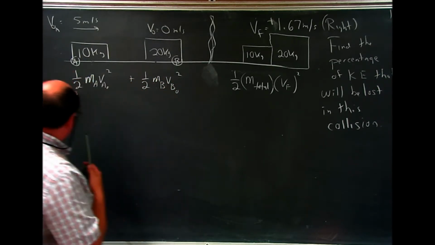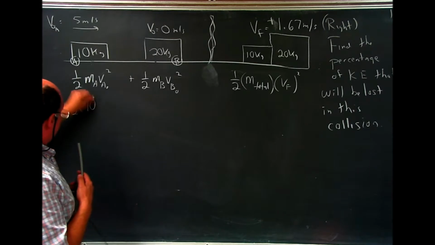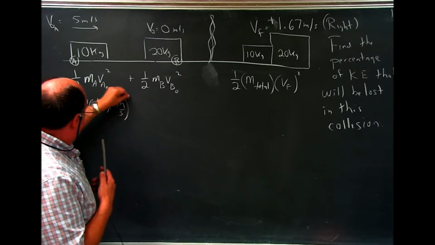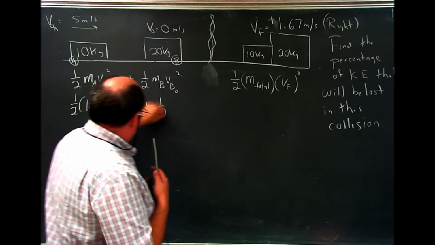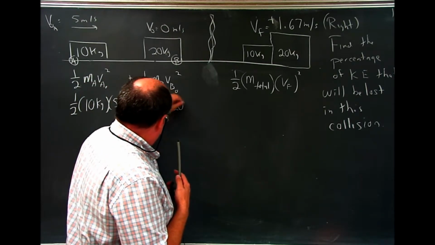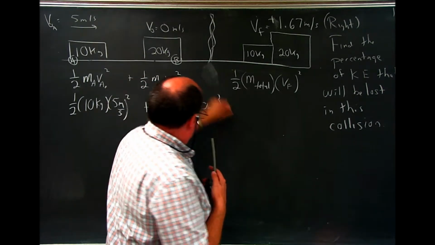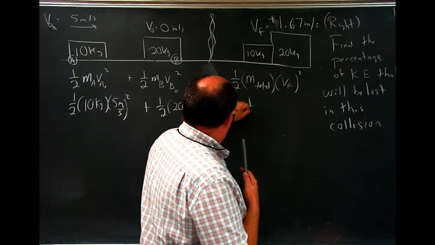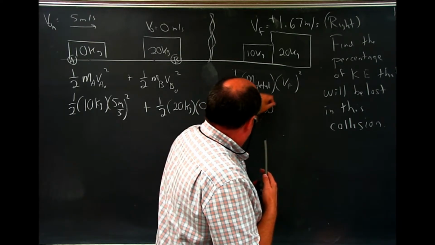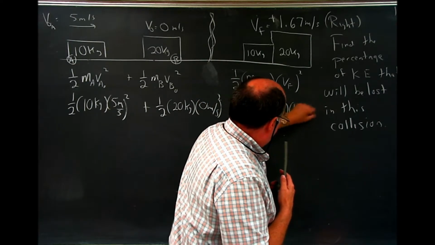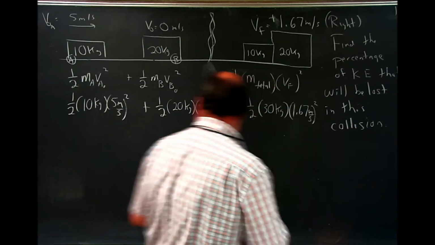So if I plug this in, it's 1/2, this is the mass 10, and this is the speed 5, and that's squared. And this is 1/2, and the mass is 20, and the speed is 0. And then over here we have 1/2, and this is 30, and the speed of it is 1.67, and this is squared.